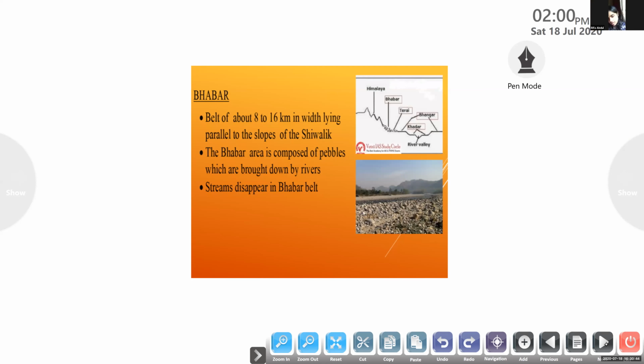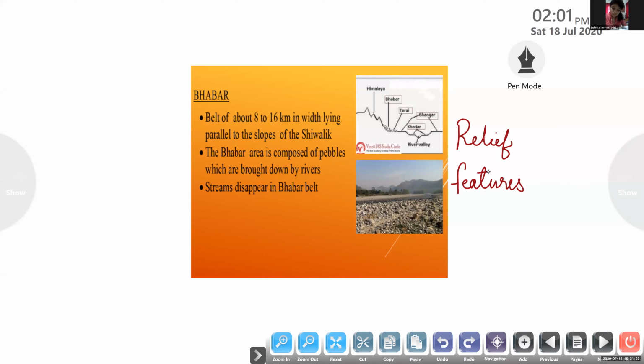Ma'am, this classification is based on what? Relief features. Relief features means type of land. Based on relief features, the first classification is Babar. Babar is a belt of about 8 to 16 kilometers in width, lying parallel to the slope of Shivalik.